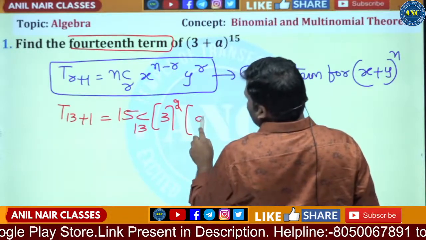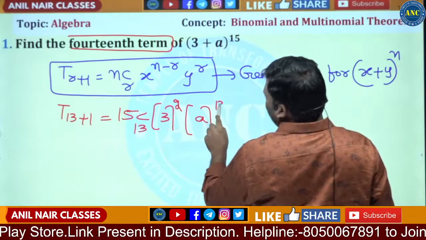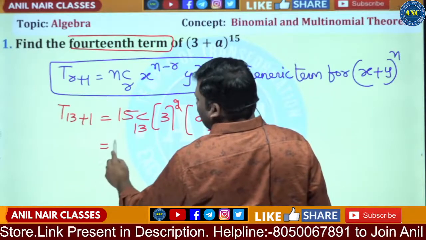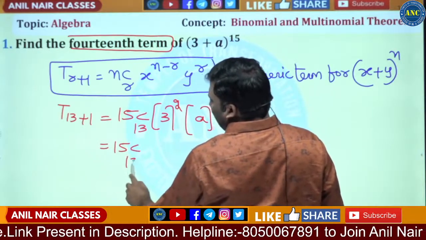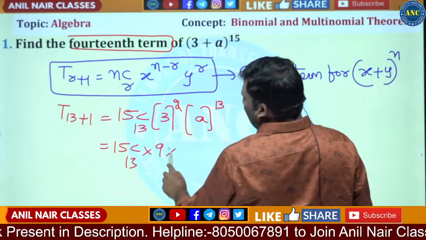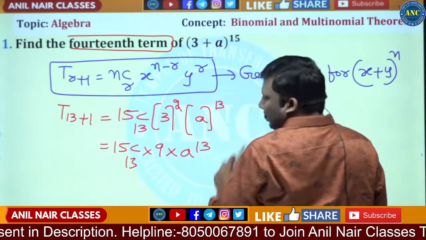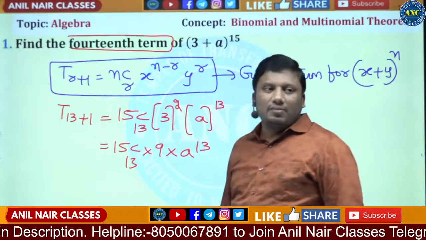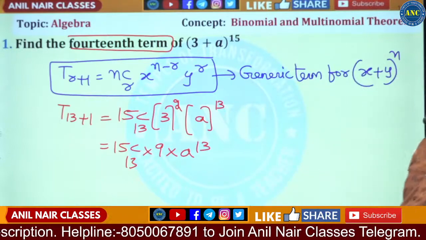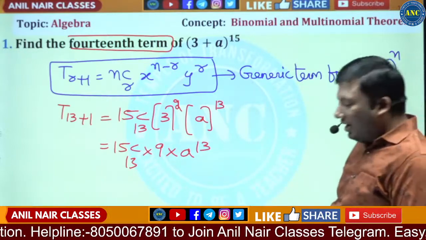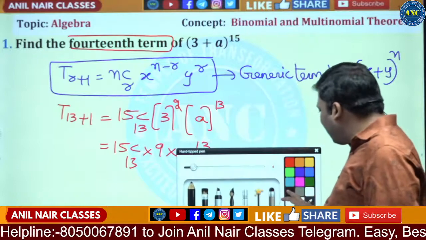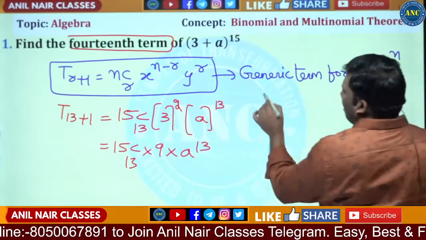Instead of y, it is a power 13. So 15C13 into 9 into a power 13. This is the 14th term of the expansion. Very easy question, but there are some wonderful concepts in this question.